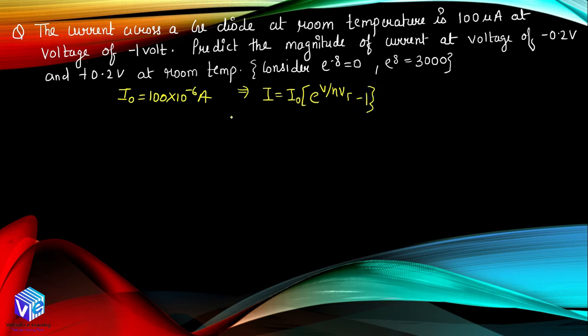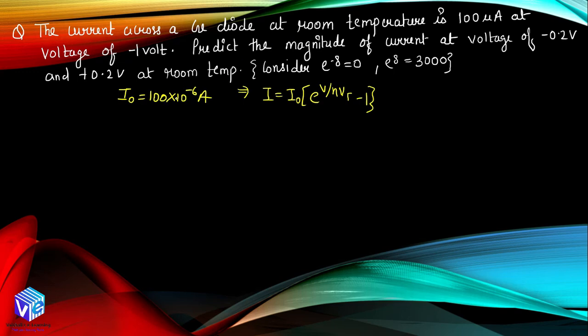If you practice a lot of questions, you will become very pro, and you will be able to get the formula really well, and you will be able to remember the formula during the exams also. Now if I talk about the temperature, we are talking about room temperature, right?